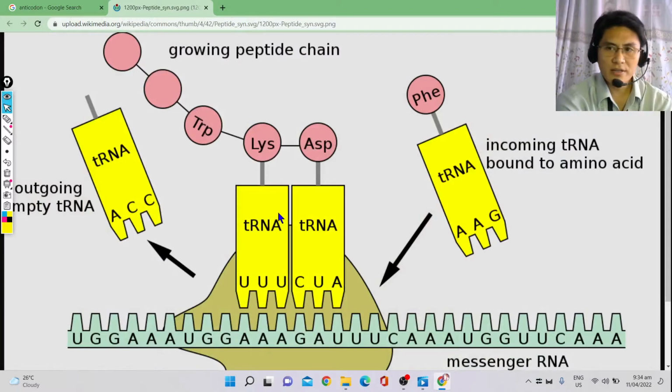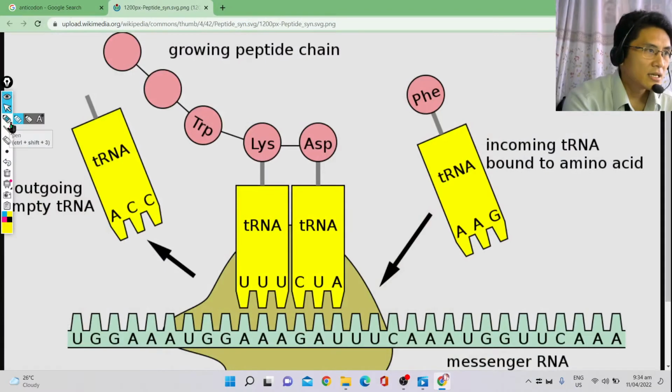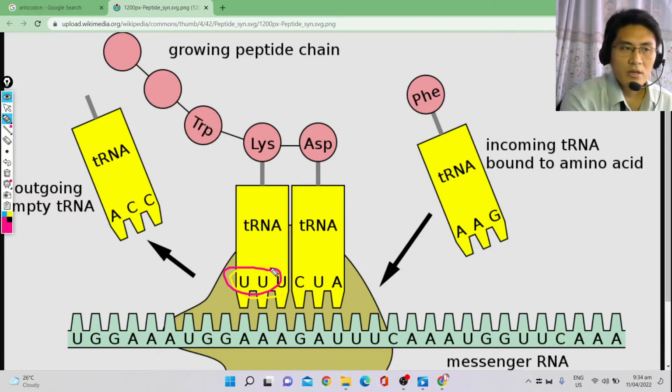So, for example, here, the tRNA that has the anticodon UUU carries with it lysine.